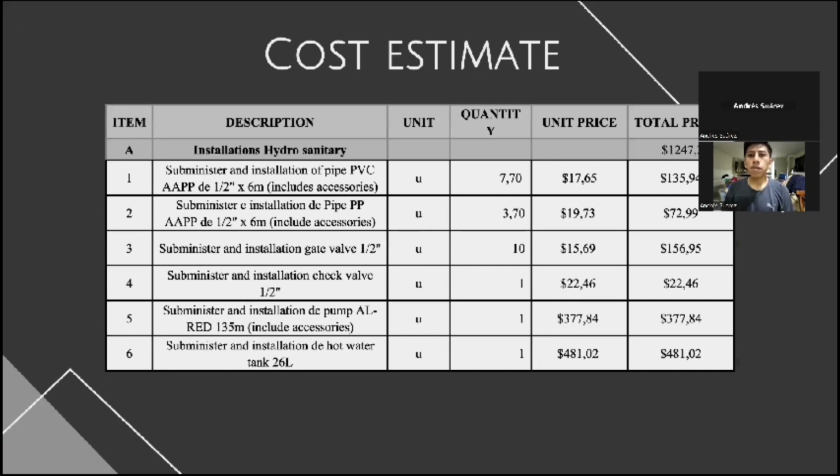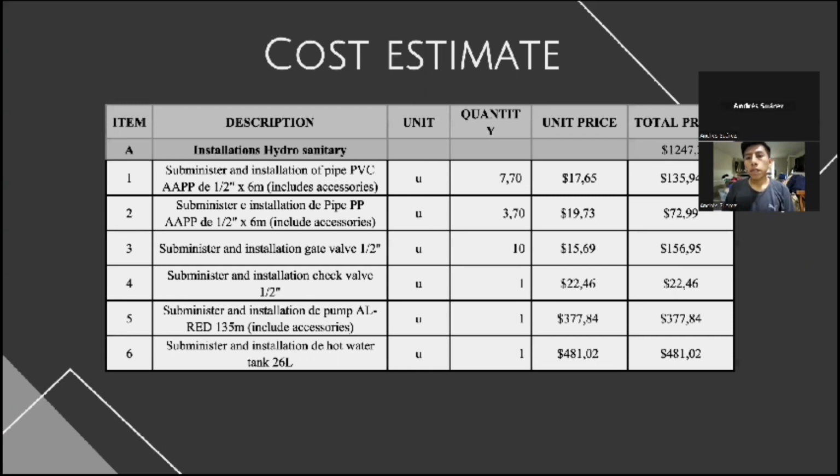As a final part of this section, we had to estimate the cost of our design. In the table, you can see the items into which the entire water supply system was separated. For this, it was necessary to carry out a unit price analysis, APU, and multiply by the number of units of our design.